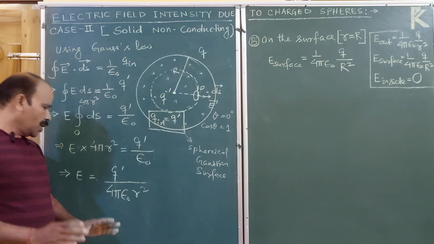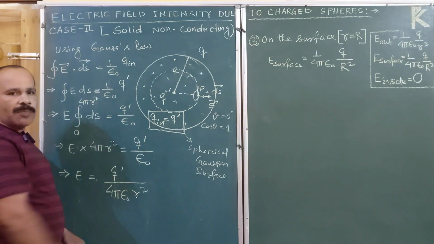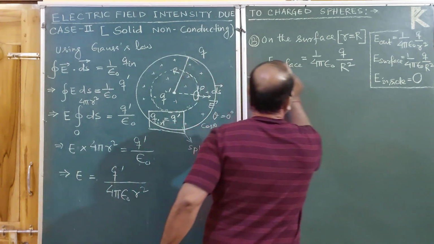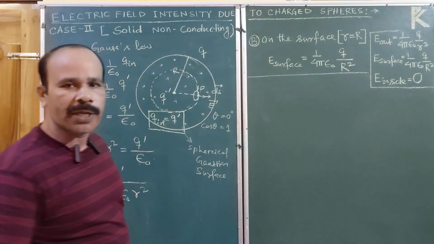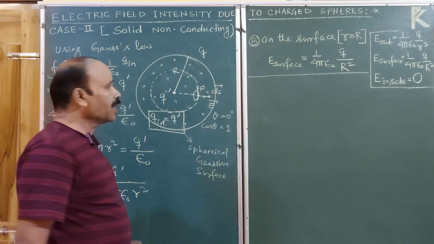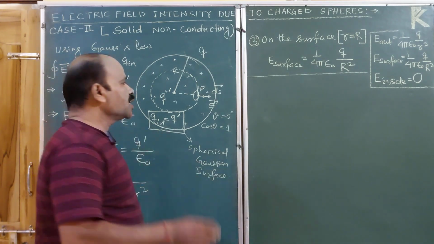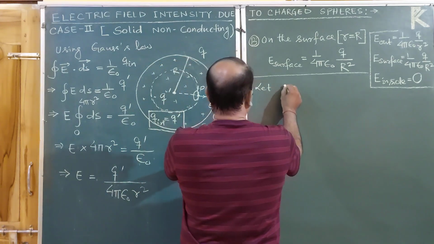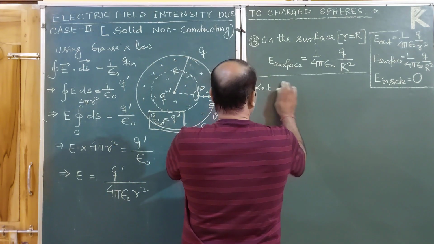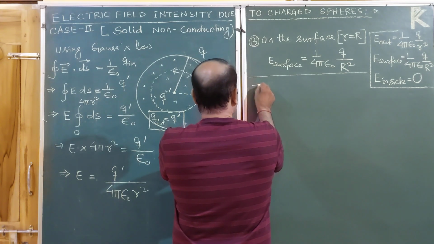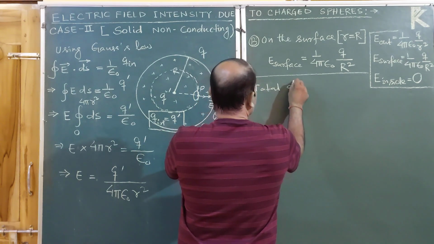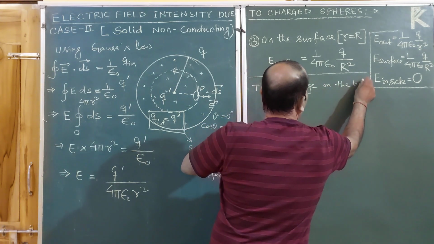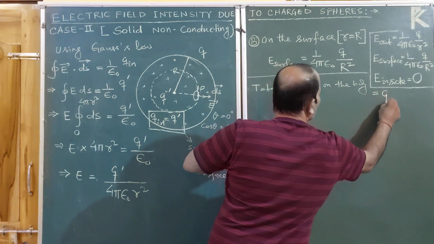So now हमको q डैश निकालना पड़ेगा. तो कैसे निकालते हैं? चलो आओ निकालते हैं. So now come over here. Let the volume charge distribution. Let total charge, you tell me the total charge. Total charge on the body is equal to q.